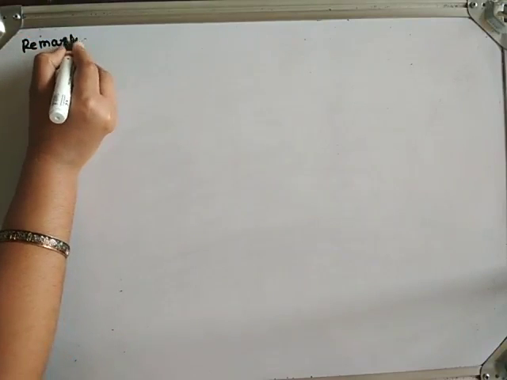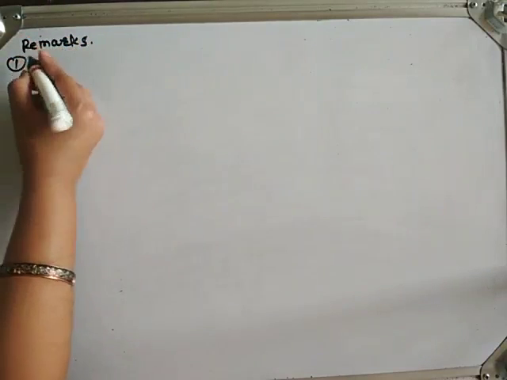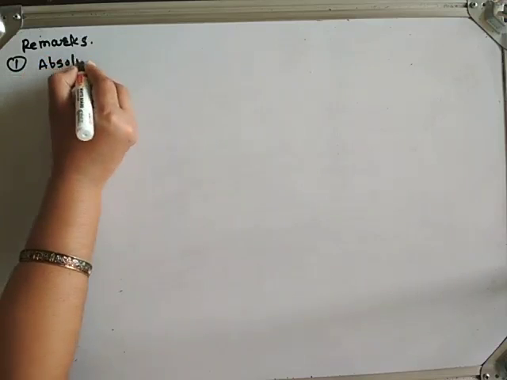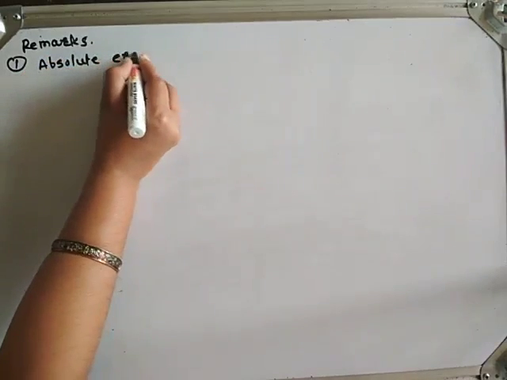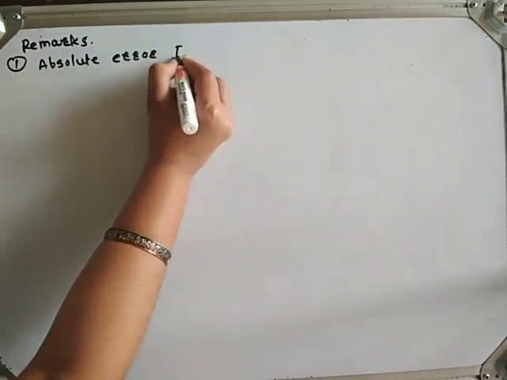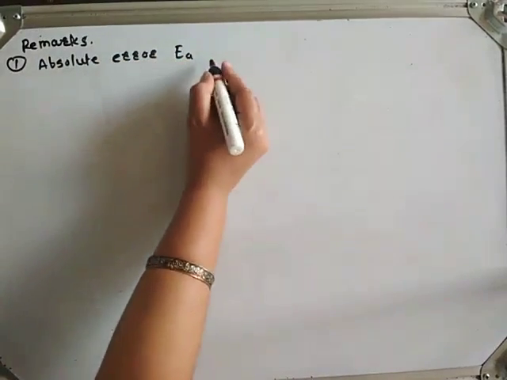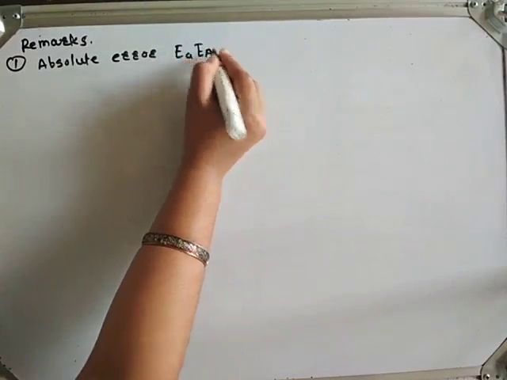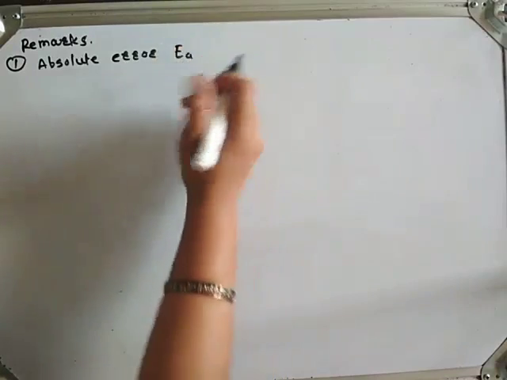Let us take some remarks. First one is absolute error, EA. Students, remember that we can denote absolute error by EA or E capital A. Don't confuse.